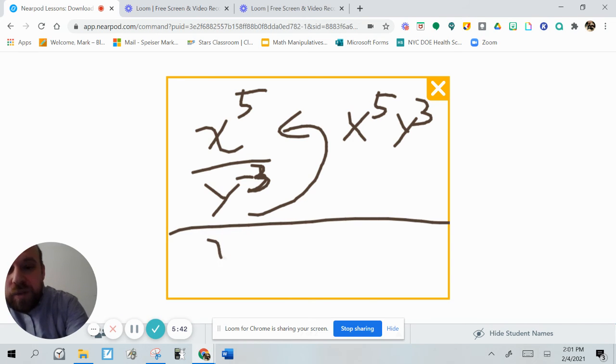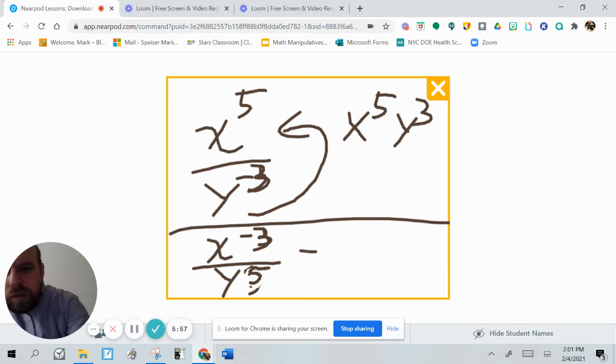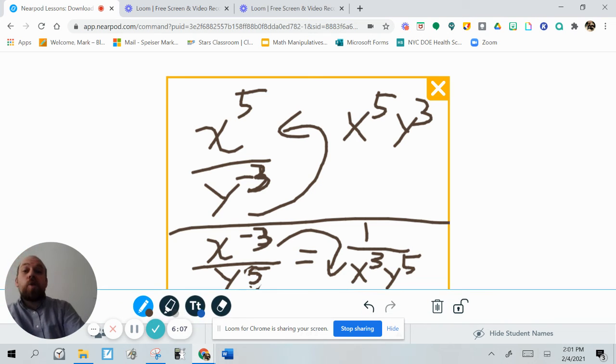Same thing as if x was in the numerator, you bring this down to the denominator, and that's how it goes. So if the numerator is negative with the power, it goes out to the denominator. If in the weird case you have a negative exponent in the denominator, it moves to the numerator.